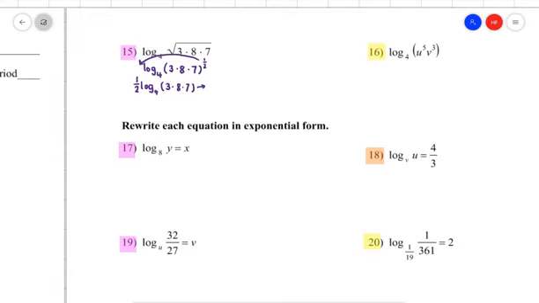So we'll expand further. Is 1/2 log base 4 of 3 plus 1/2 log base 4 of 8 plus 1/2 log base 4 of 7. And so we don't have any more coefficients, and we don't have any more multiplication or division, so we will stop there.